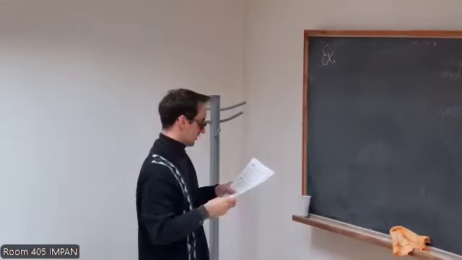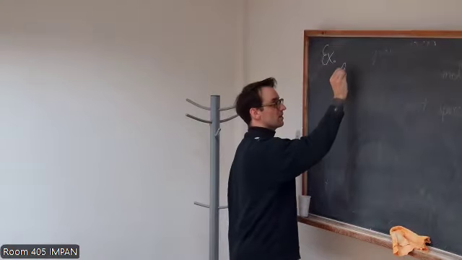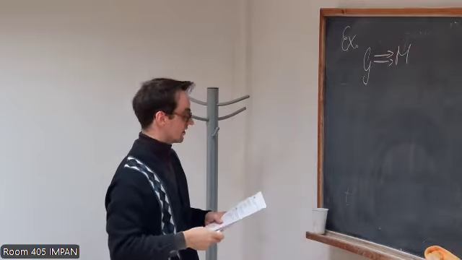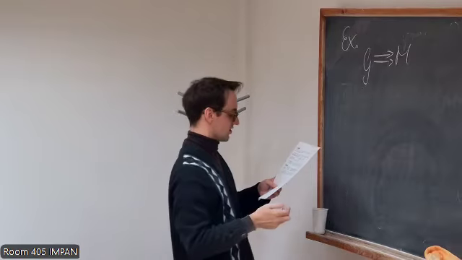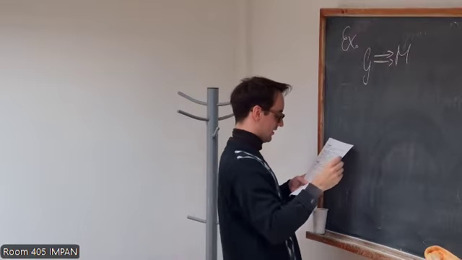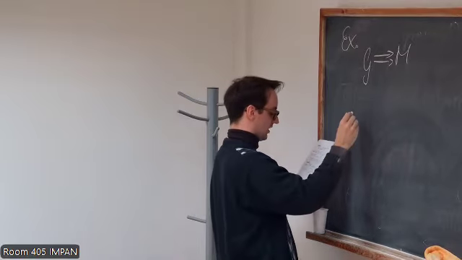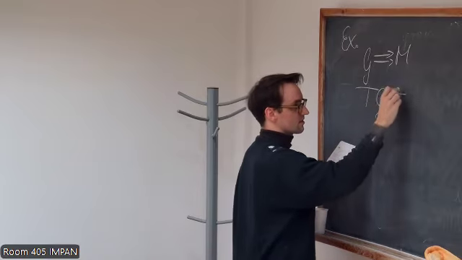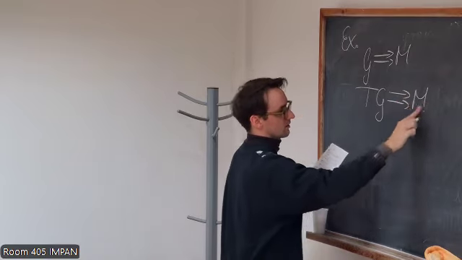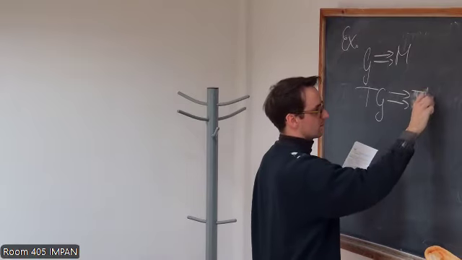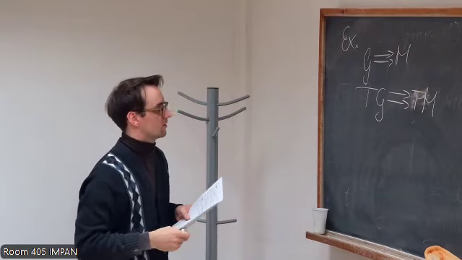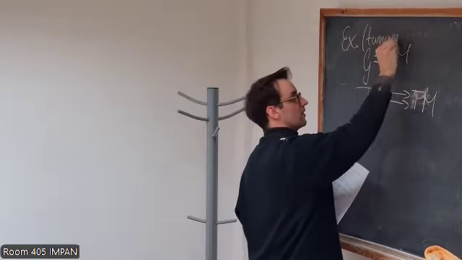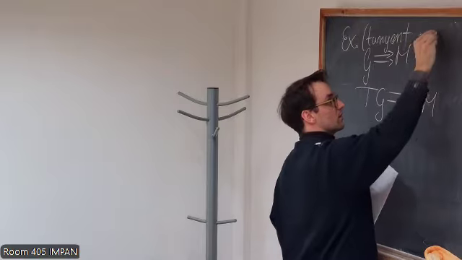The last example was very short. We have a Lie groupoid. We just apply the tangent functor and get the tangent groupoid. Basically, this is called the tangent groupoid.